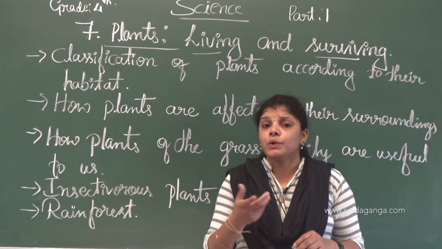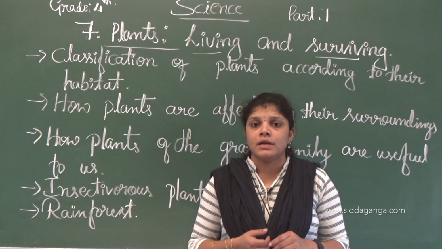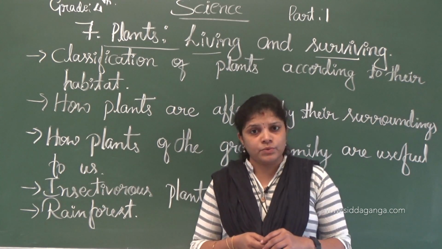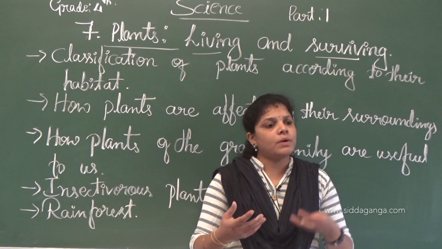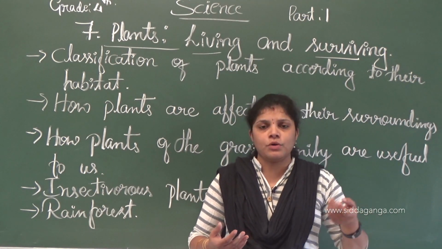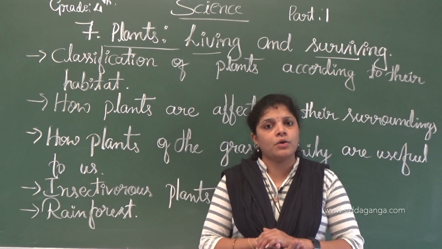For example, you will never find lotus on land and cactus in water. ನಾವು ಯಾವುದೇ ಕಾರಣಕ್ಕೂ ಕಮಲದ ಹೂವನ್ನ ನೆಲದಲ್ಲಿ ಬೆಳೆದಿರೋದನ್ನ ನೋಡಲಿಕ್ಕೆ ಆಗೋದಿಲ್ಲ, ಹಾಗೆ ಕ್ಯಾಕ್ಟಸ್ ಪ್ಲಾಂಟ್ಸ್ನ ನೀರಲ್ಲಿ ಬೆಳೆದಿರೋದನ್ನ ನಾವು ನೋಡಲಿಕ್ಕೆ ಆಗೋದಿಲ್ಲ.